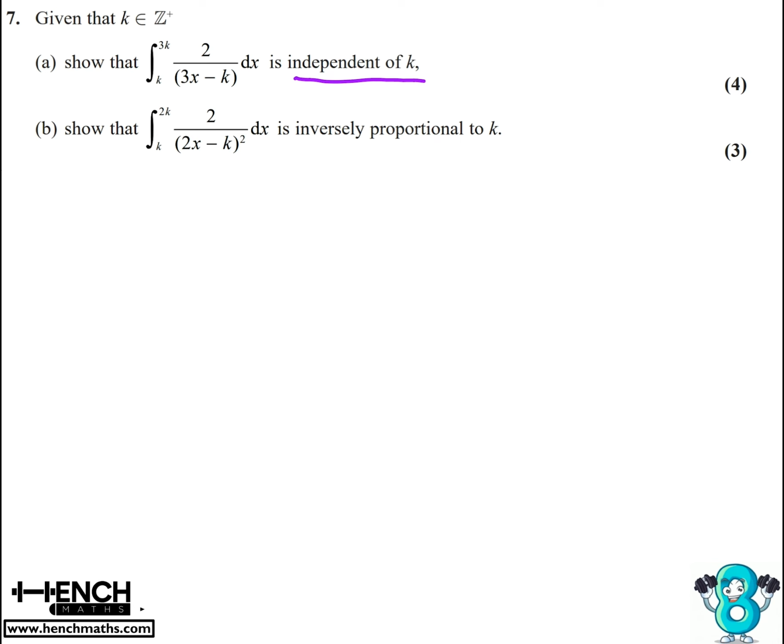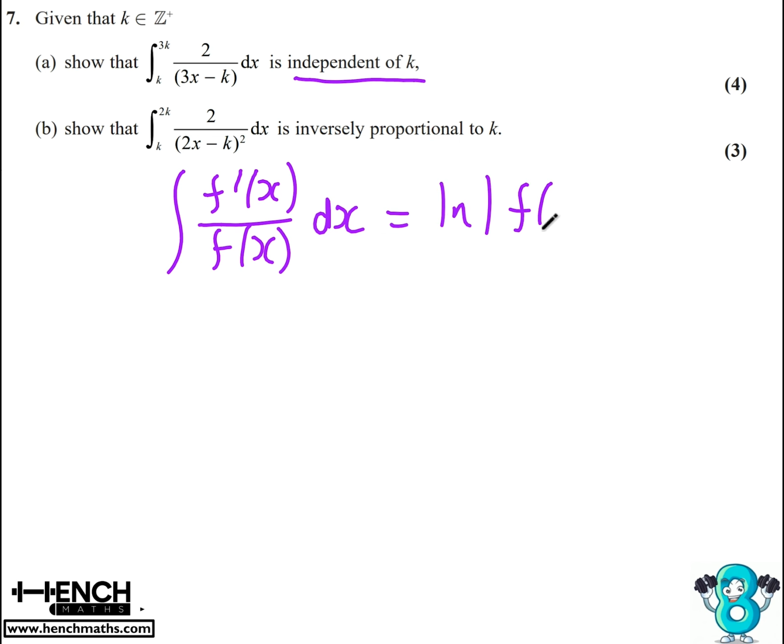If we remind ourselves of this idea that the integral of the derivative of a function over the original function, this is where we get a natural log. Because if you differentiate the natural log of a function, because of the chain rule, you get the derivative of the original. Integrating, we get this. Now if we look at the derivative of 3x subtract k, if you differentiate 3x subtract k, you would just get 3.